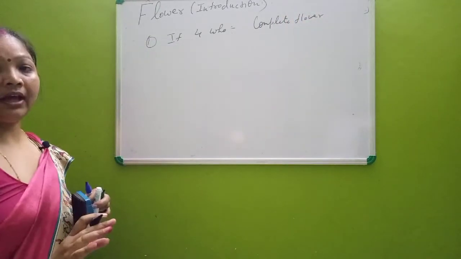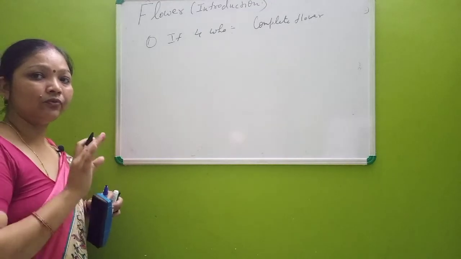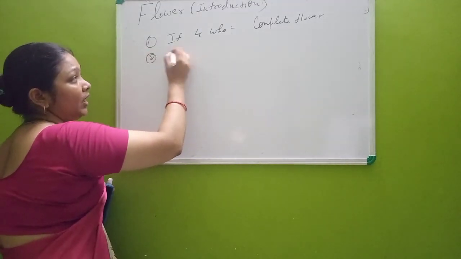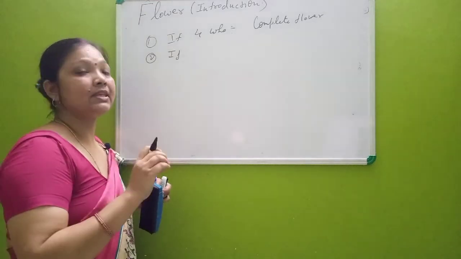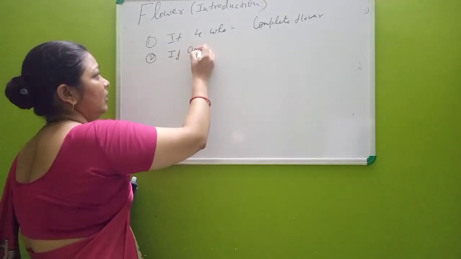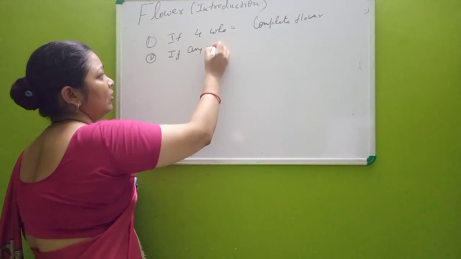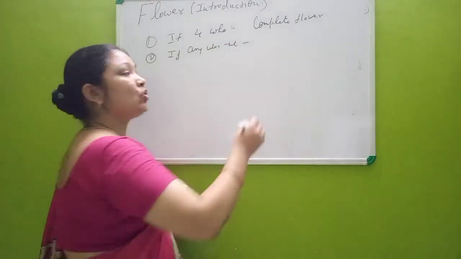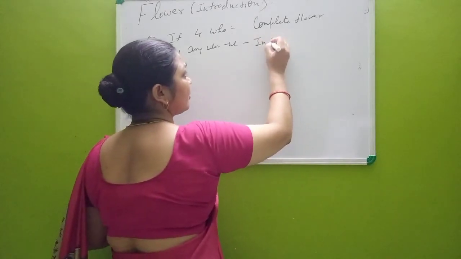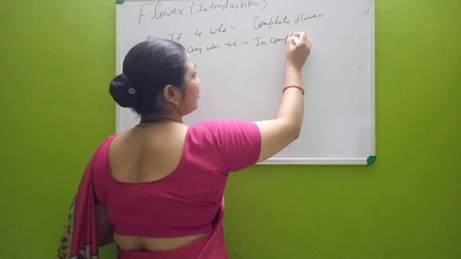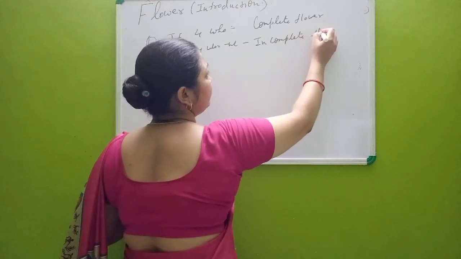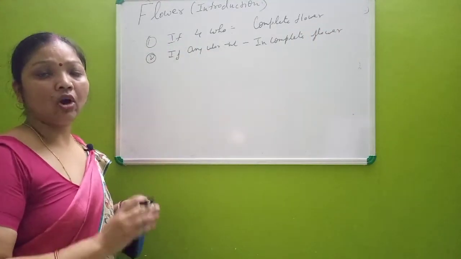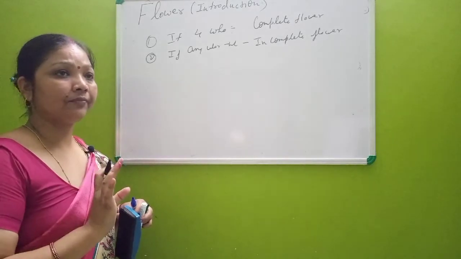A flower is called a complete flower if all the four whorls are present. If any of the whorls is missing, if any is absent, then that type of flower is called an incomplete flower.